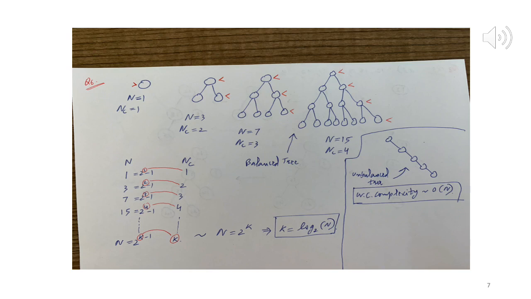If the tree is balanced, the number of nodes is roughly equal or close to equal. In this case, we have one root, and the left subtree has how many nodes? 1, 2, 3, 4, 5, 6, 7. Right subtree has how many nodes? 1, 2, 3, 4, 5, 6, 7. So both left and right subtree have the exact same number of nodes, 7. So this is perfectly balanced.